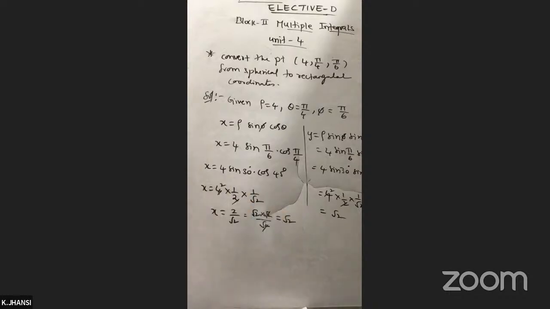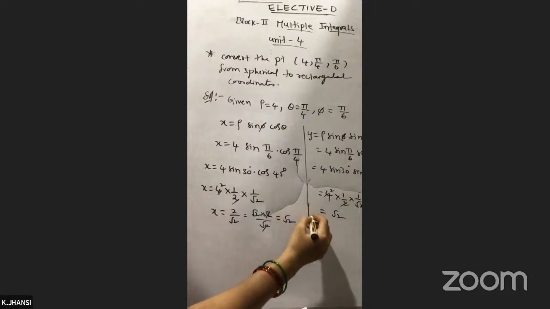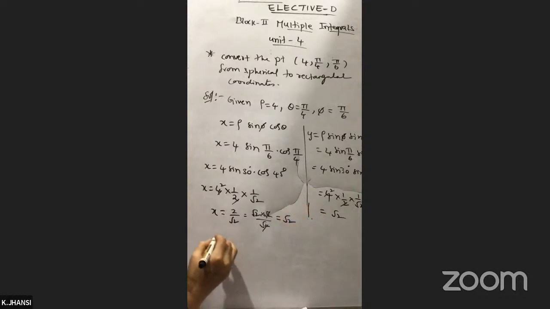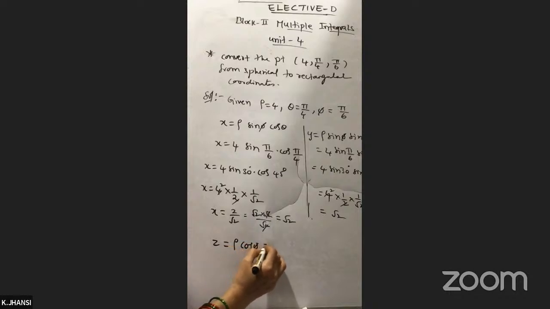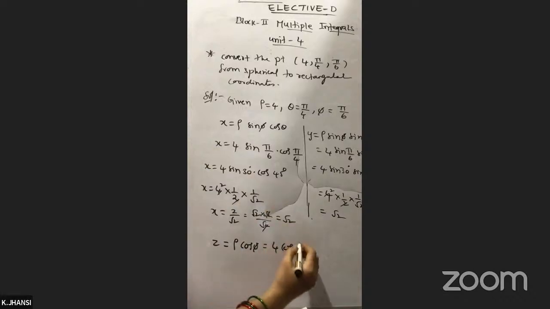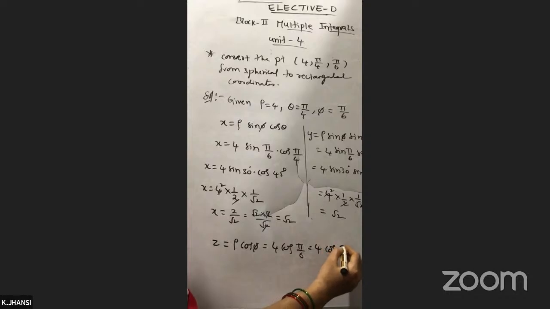Now what is the z value? z is equal to rho into cos phi. Rho is 4, and phi is pi by 6. It is 4 cos 30 degrees. So cos 30 is root 3 by 2.